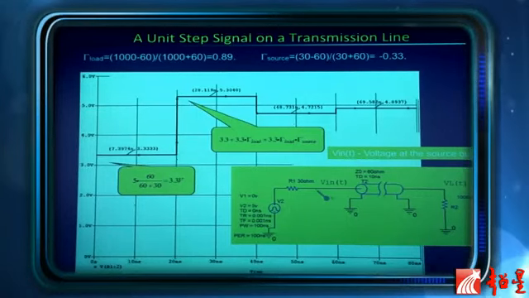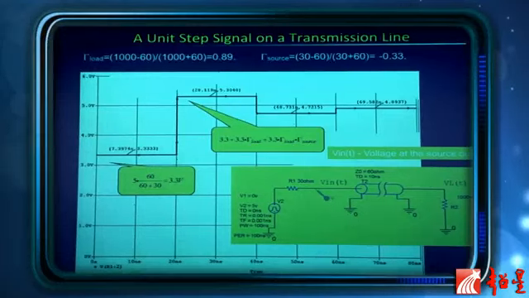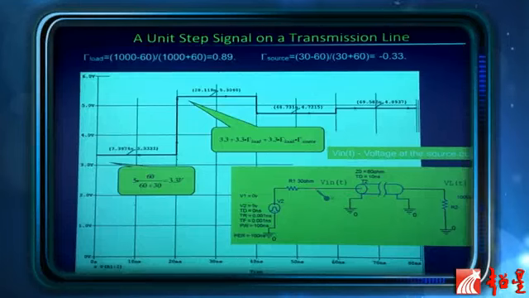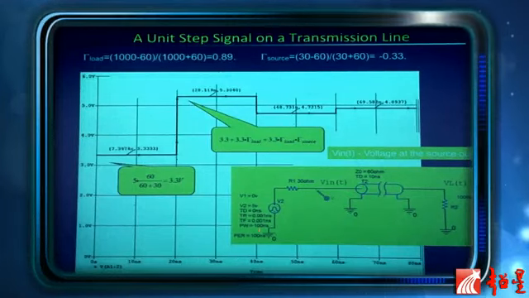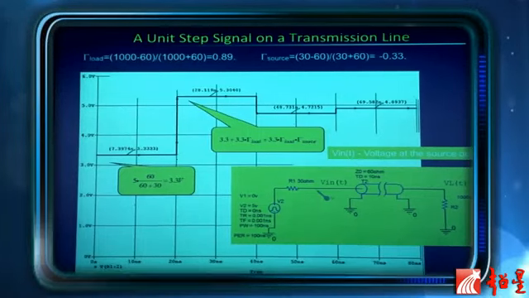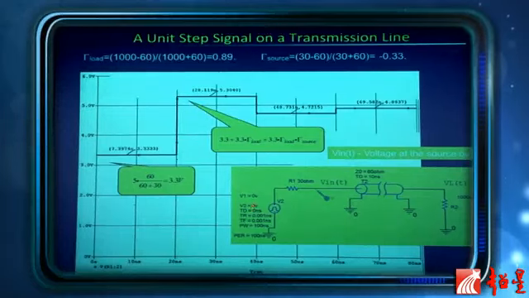Even before we do the bounce diagram, it's actually pretty easy to find the final voltage on the line, because this is a step function. When time goes to infinity, it's basically DC, a 5-volt DC source.